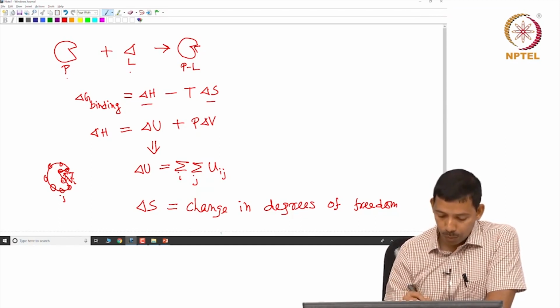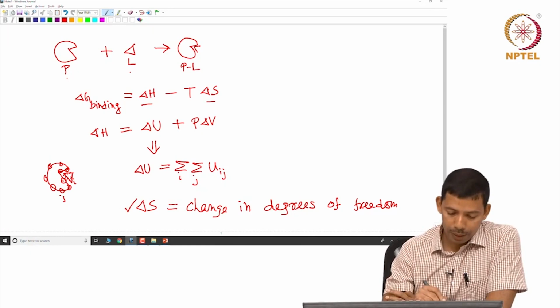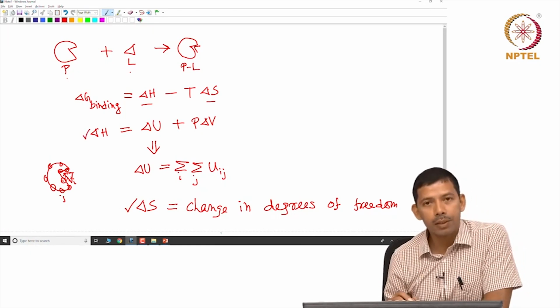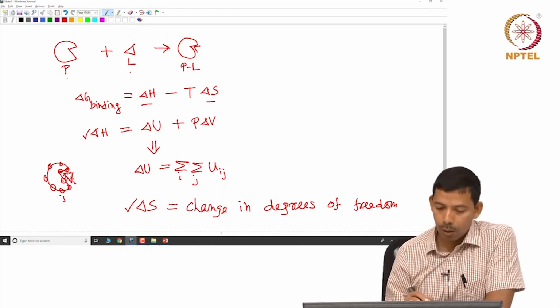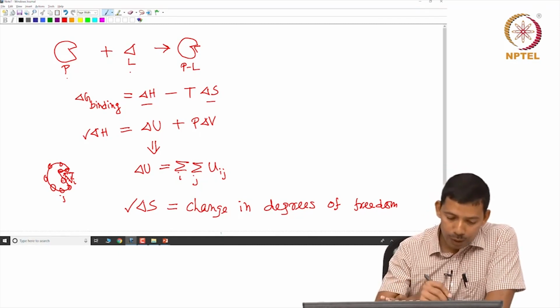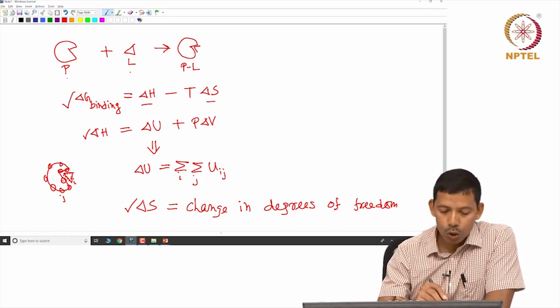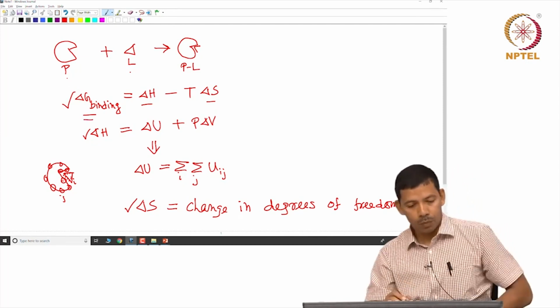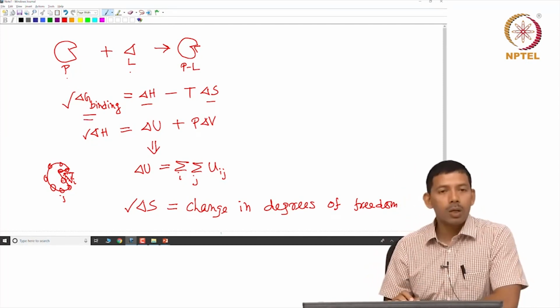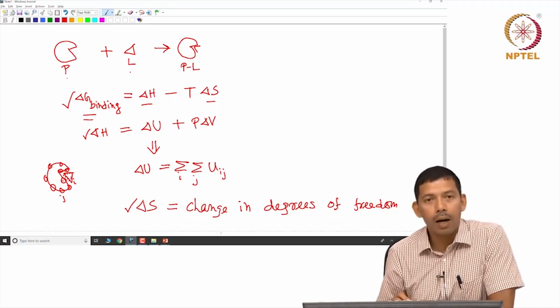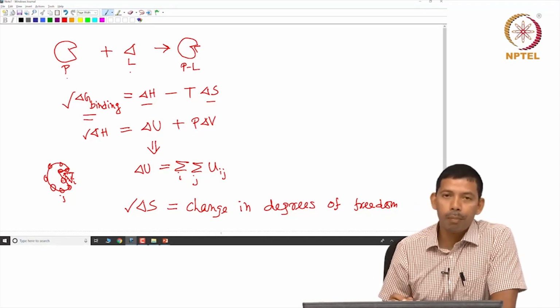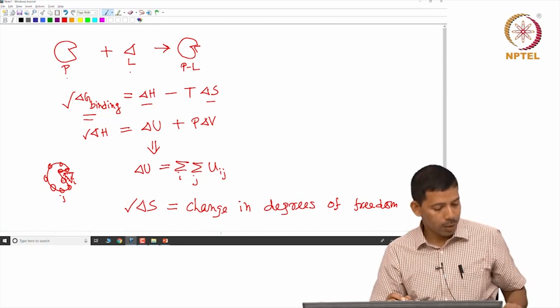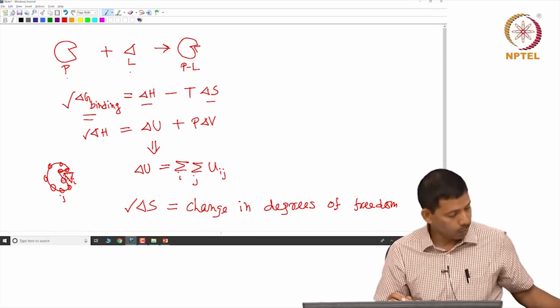As you see, both entropy and enthalpy come from statistical thermodynamics, and those magnitudes are put into this thermodynamic expression to find delta G binding. So, both thermodynamics and statistical thermodynamics are applied to the same system, but for different goals.